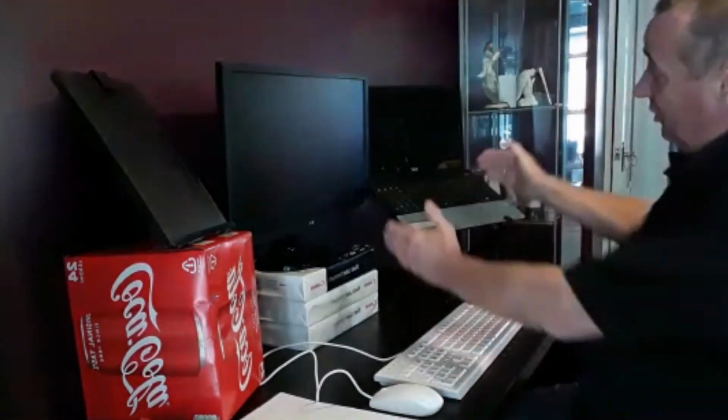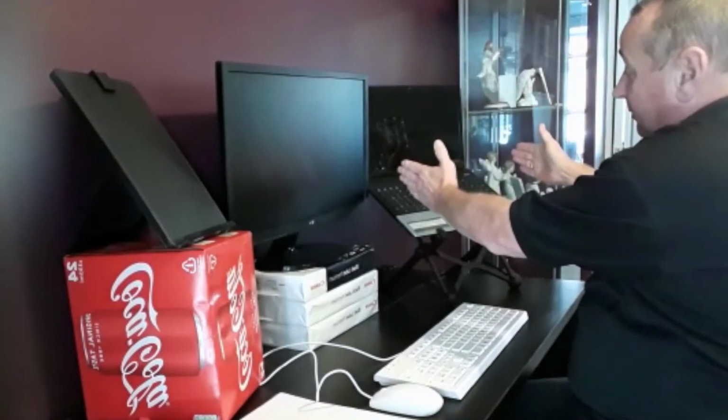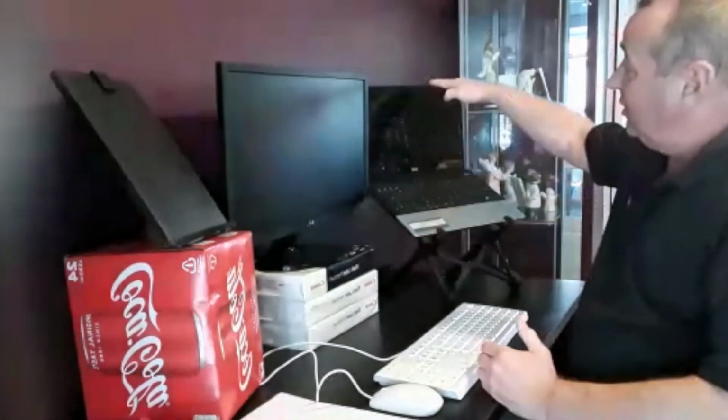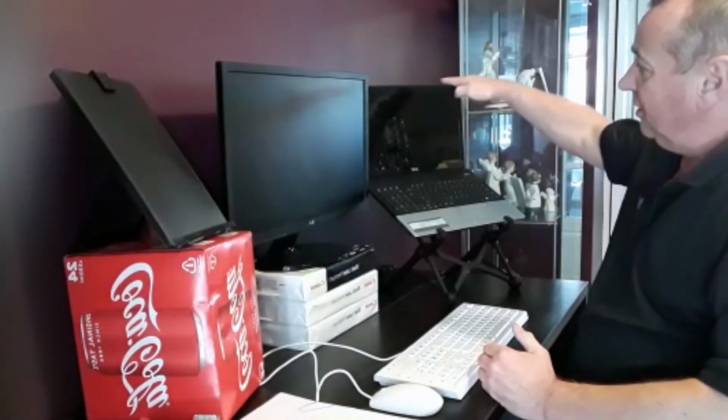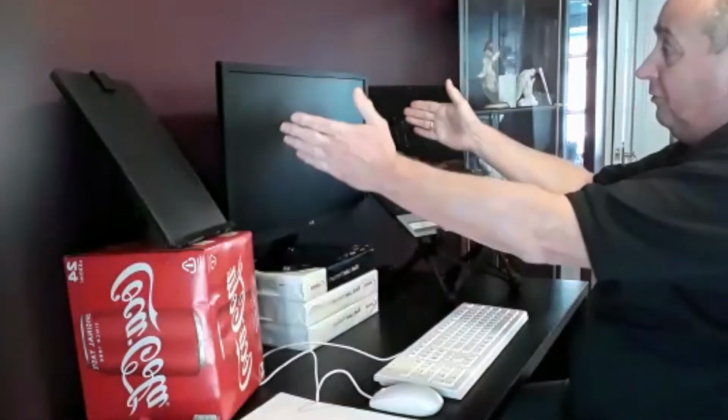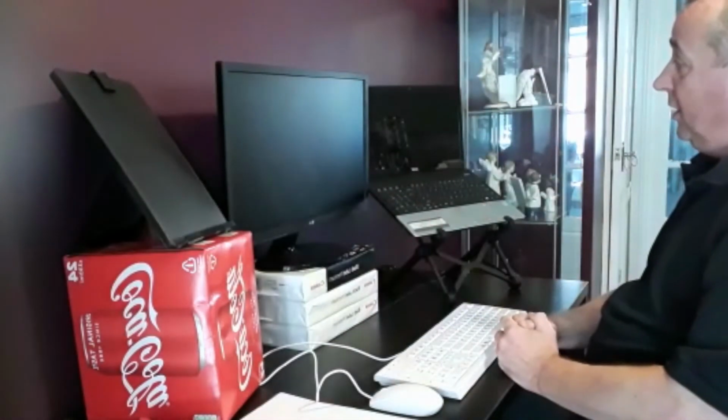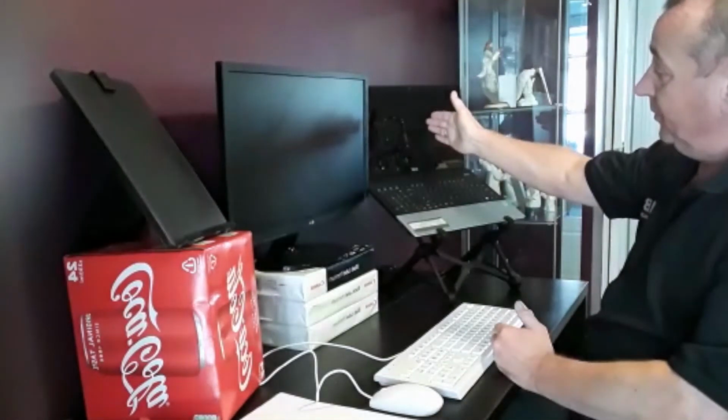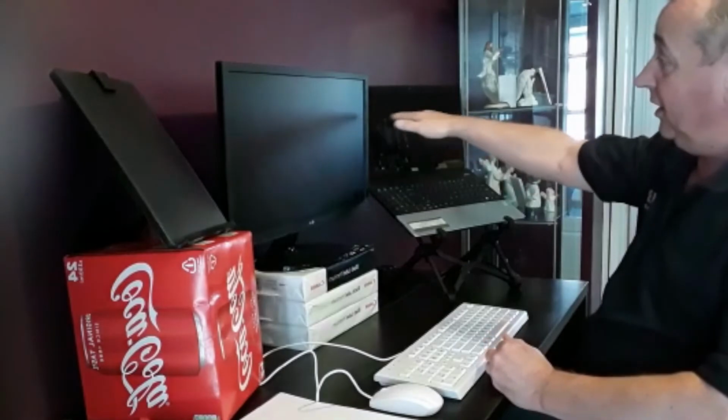So I have positioned that to my left, still on the laptop riser, and as such both screens are about the same height, because I know many people do use two screens, two monitors. They may be of the same size, or they use this one in front as a primary screen and occasionally looking across to the laptop screen. So it's only right that we get it at the same eye level if it's possible.